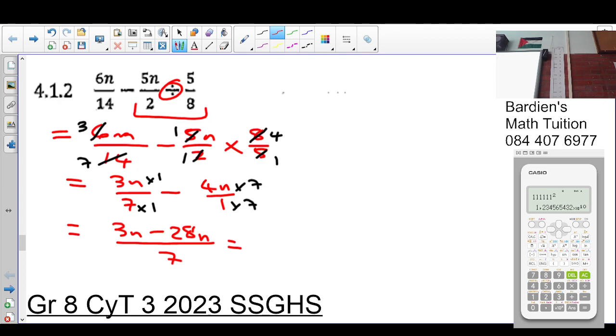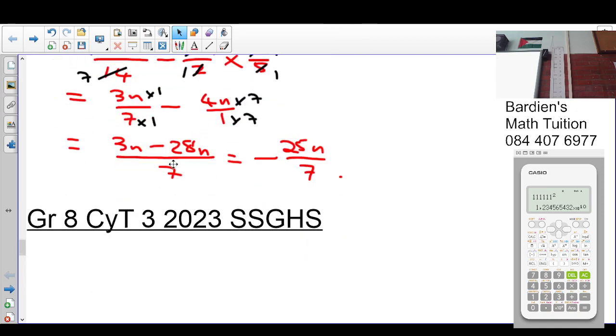Is the 3 or 28 bigger? 28. So the answer must be negative. So what is 28 minus 3? 25. n over 7. Or you're going to get negative 50n over 14. And 2 goes into 50 and into 14. Leaves you with negative 25n over 7.